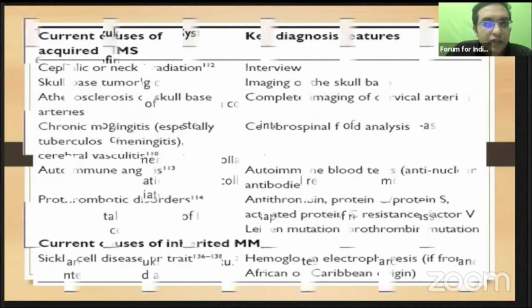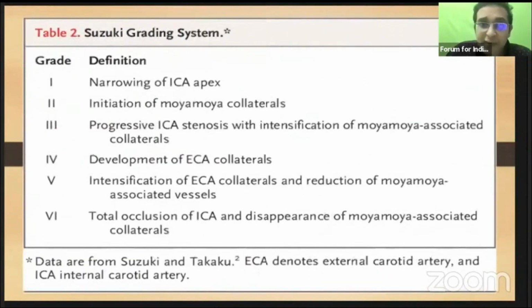So moya was first described by Suzuki, and he graded this moya disease into 6 grades. It's not needed to study these grades. You should know that moya affects the large arteries, basically the internal carotid as well as the middle cerebral and ACA arteries, not the small ones.